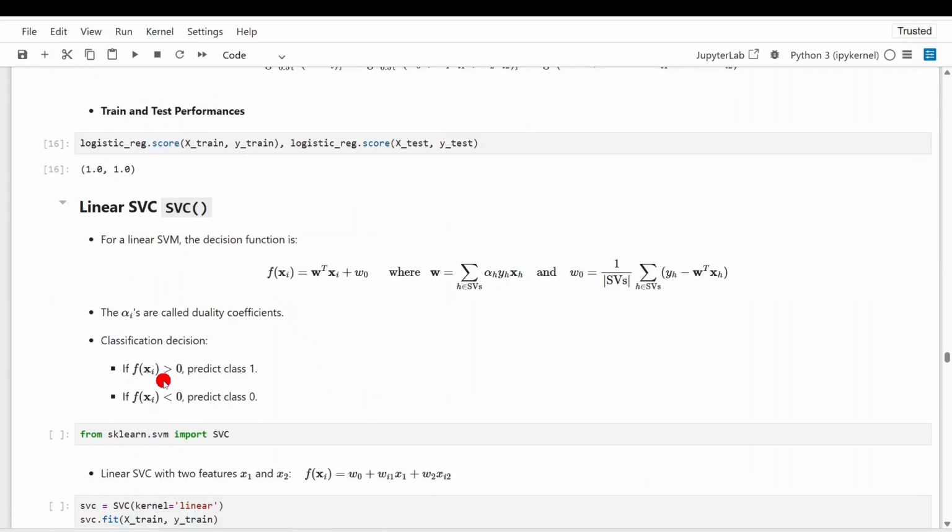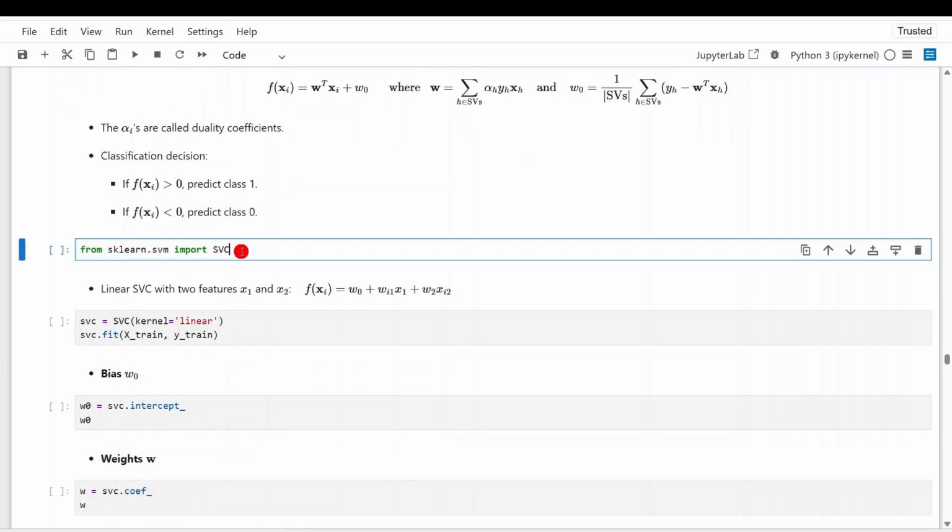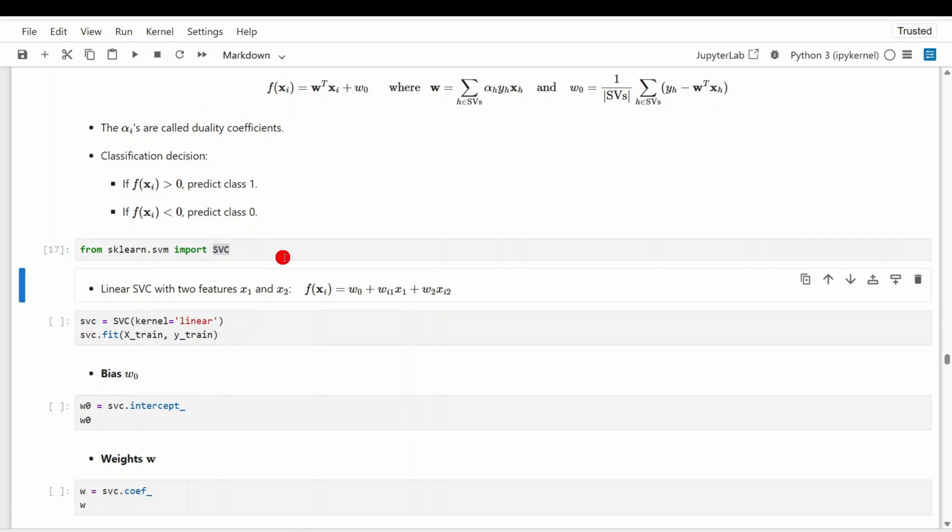So if this function is non-negative, the predicted class is class 1, otherwise it's 0. So let's import the SVC from the corresponding package, sklearn SVM.